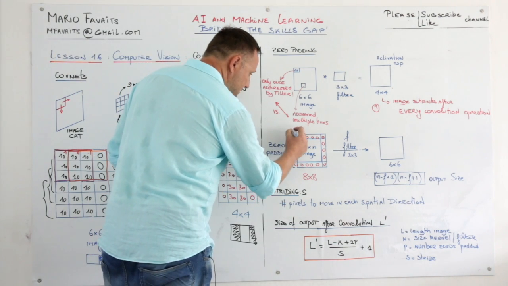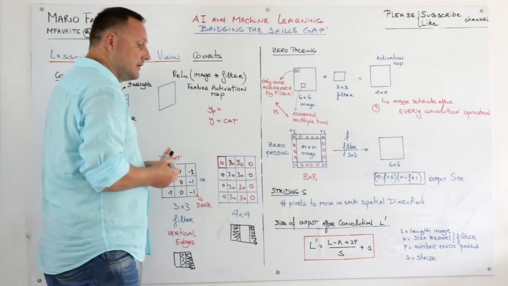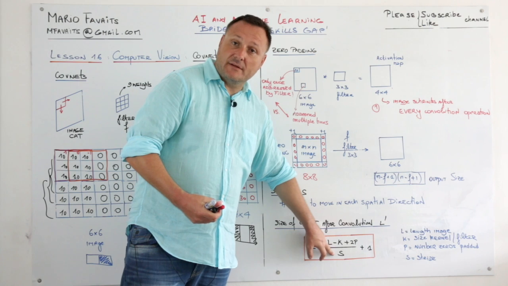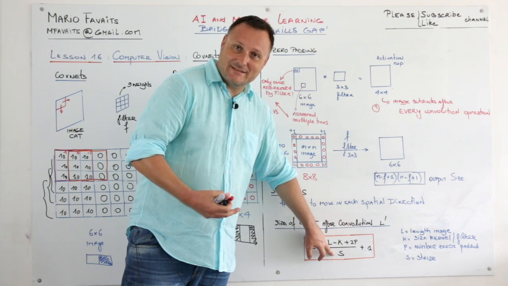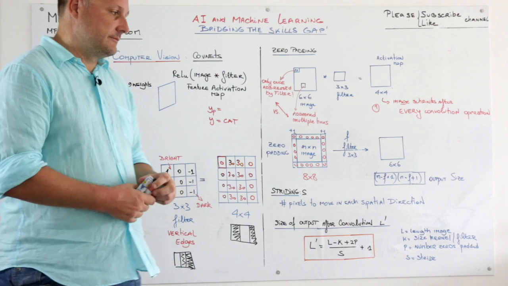And so you have actually plus 1 here, but you have also plus 1 here. So that's why we have 2p. We divide by the stride. In most cases it's 1, and then we add 1.